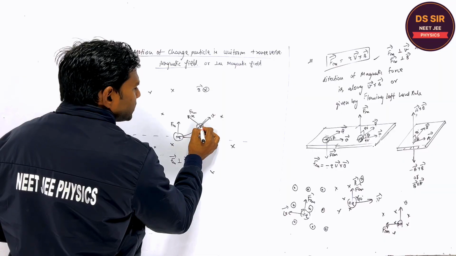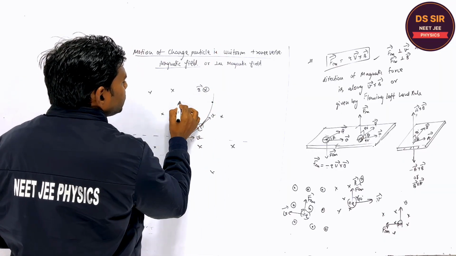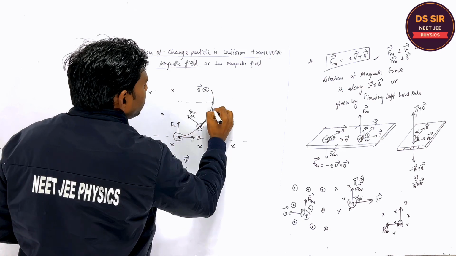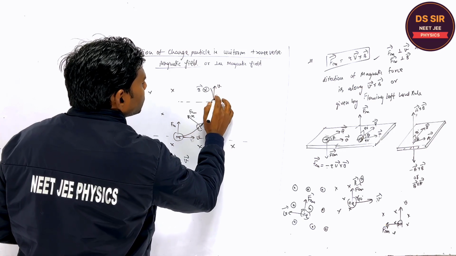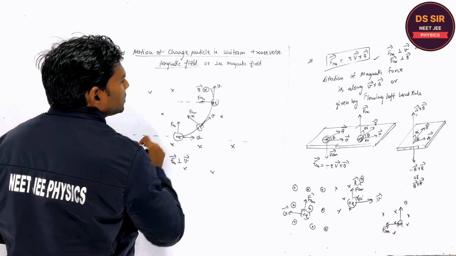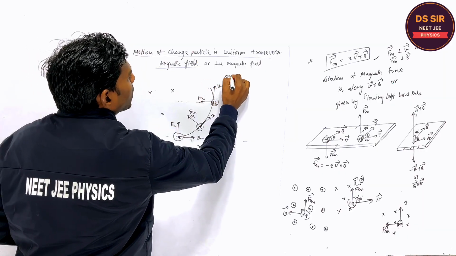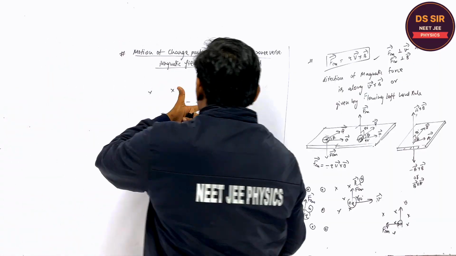And because of this, it will again deviate. So when it reaches this point, its velocity becomes, say, v. This is the plus q charge, suppose, and the magnetic force acts upon this in this direction. Is it clear or not, you tell? Right, how?